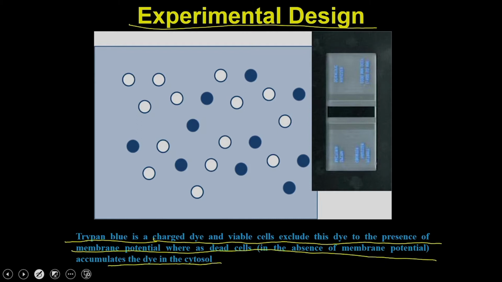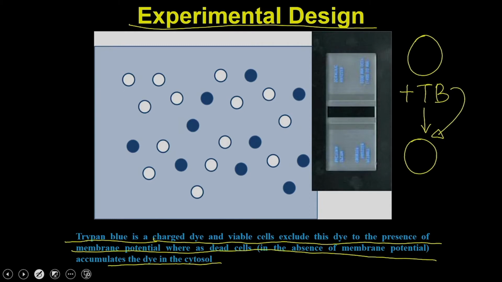So, what happens is you take the cells, or you take the culture actually, and then if you add the trypan blue, the trypan blue is going to be excluded by the cell, because trypan blue is a charged dye. So, it requires some receptor or some other active process through which the trypan blue can be taken up by the cell.